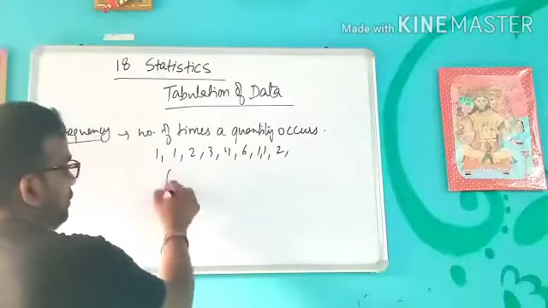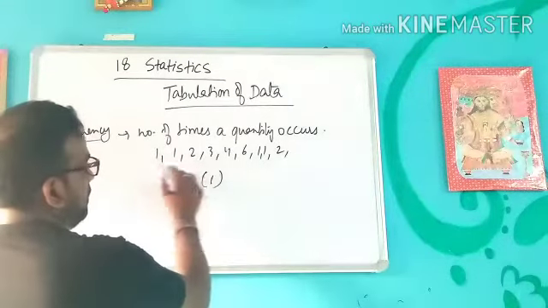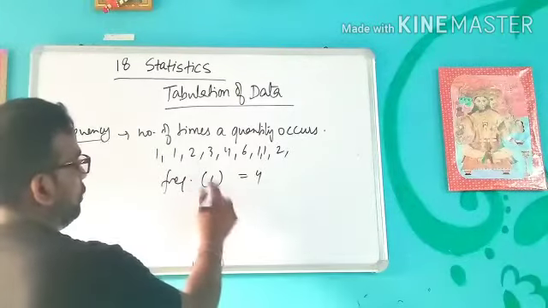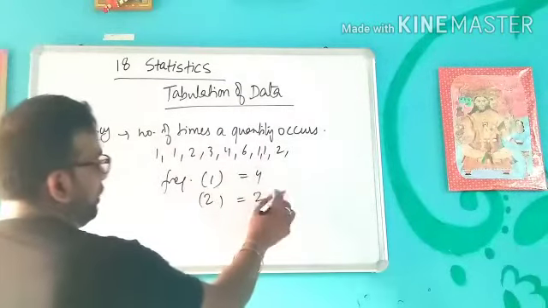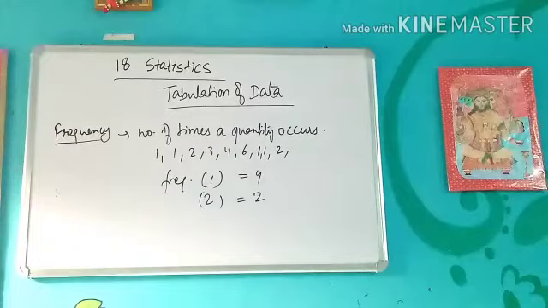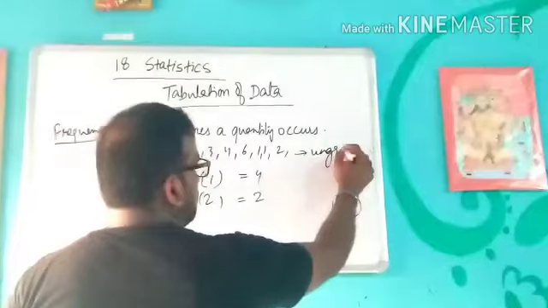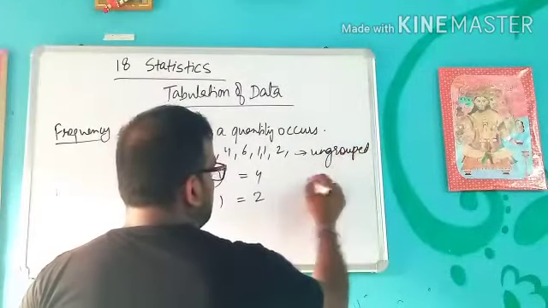If I ask the frequency of 1, 1 occurs 1, 2, 3, 4 times. Frequency of 2, you see, 2 occurs 2 times. So this is the meaning of frequency. This is ungrouped data.